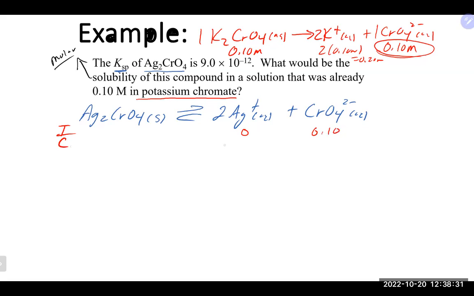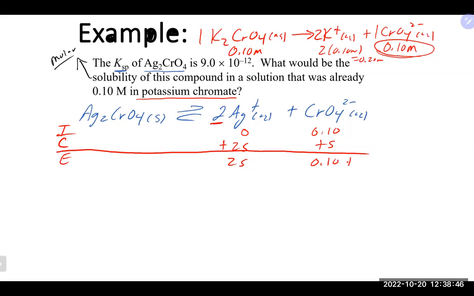Change here going to be plus 2s. Once again, because of the coefficient, we got to make sure we do that. And plus s. That means that when we get down there, we got 2s and 0.1 plus s. Any questions on the ice table or anything like that?